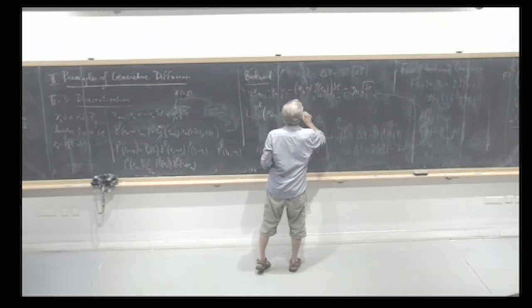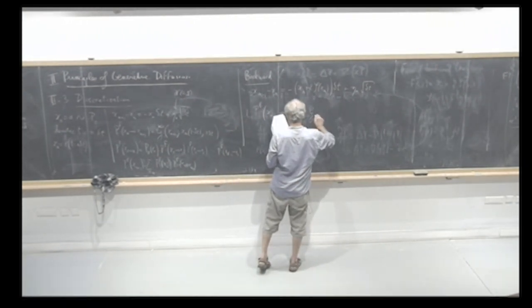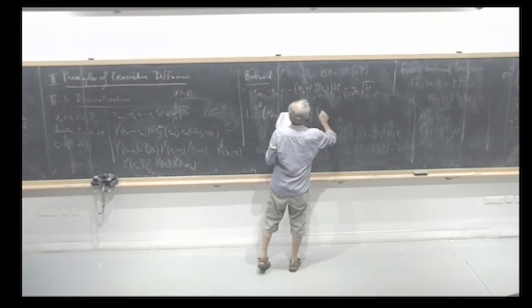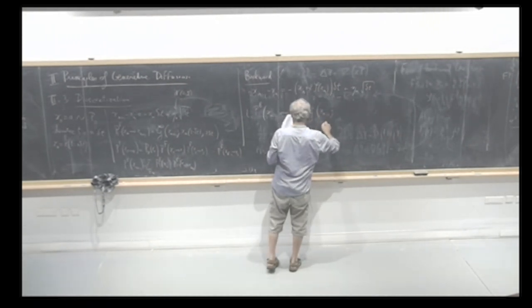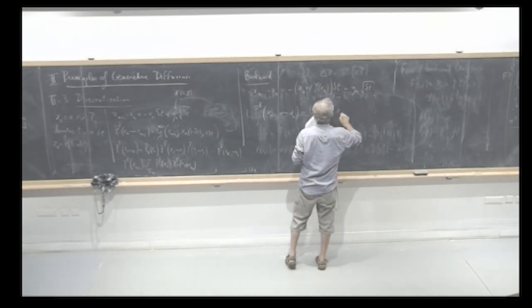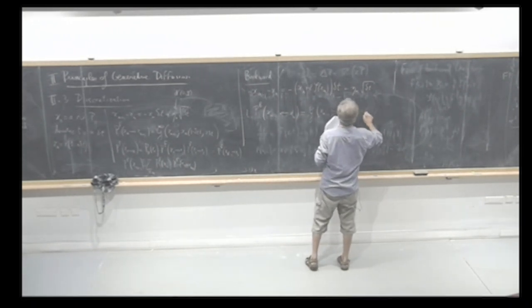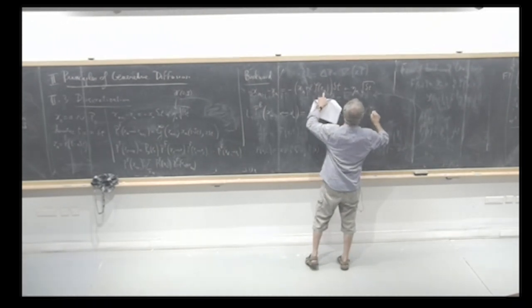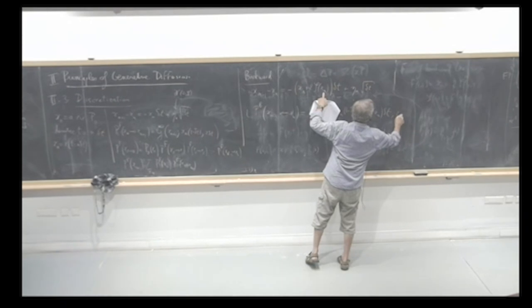And in our case, it is a Gaussian distribution for xn minus 1 with mean xn times 1 minus delta t, minus 2 s of xn delta t, and variance 2 delta t.